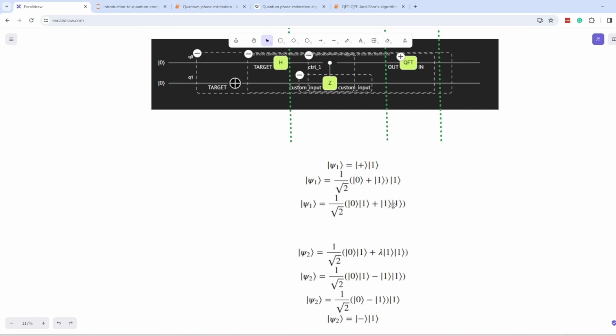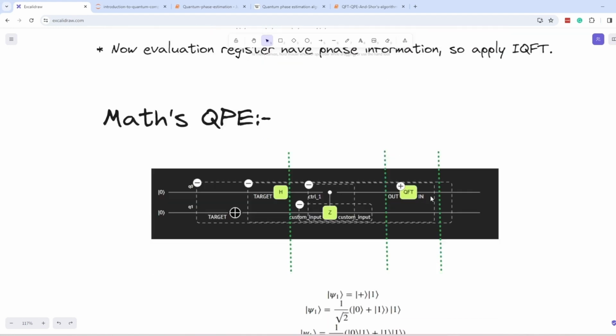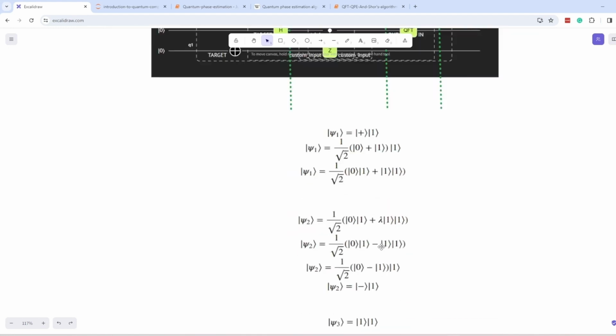And when the Z gate is applied to 1, we know that the eigenvalue is -1 from this relation. So we put the value of lambda as -1 here, and then we take out this common 1 here, and now we have 1 upon root 2 (0 - 1), which is equal to the minus state.